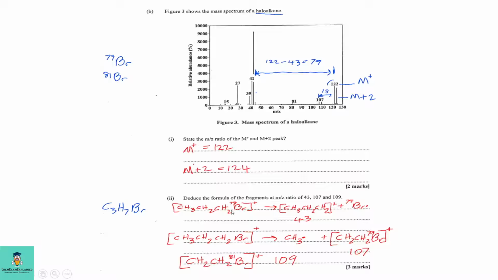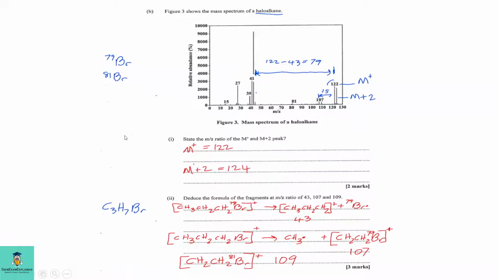And we identified that 122 would be CH3, CH2, CH2, Br 79. All right. And for it to be M plus 2, we simply use bromine 81 instead of bromine 79, and we get our 124.